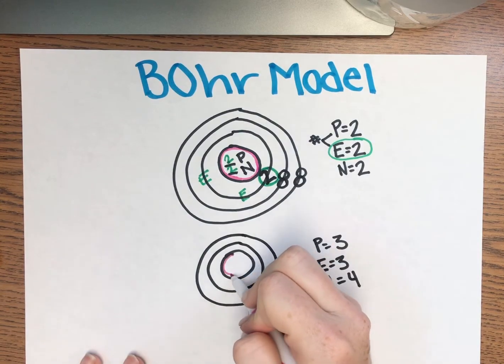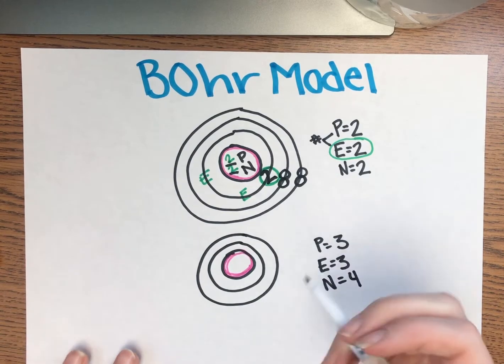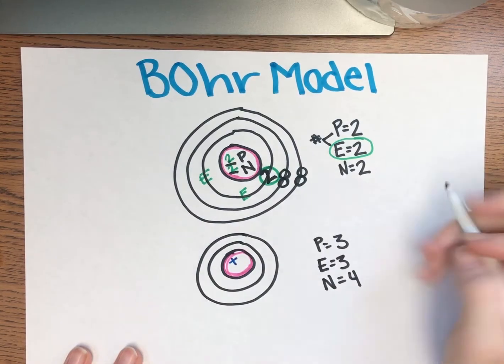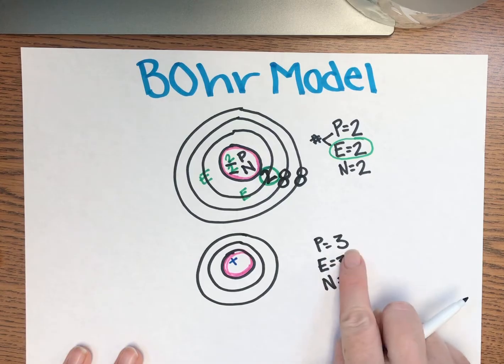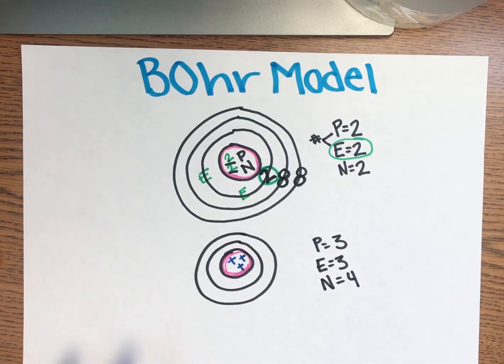Here in the center, remember in this pink circle here, we're going to put our protons and our neutrons. When we're drawing a proton, we represent a proton with 1 plus sign. So that would be 1 proton. But this atom has 3 protons. So we need to put 3 plus signs here in the center in our nucleus.